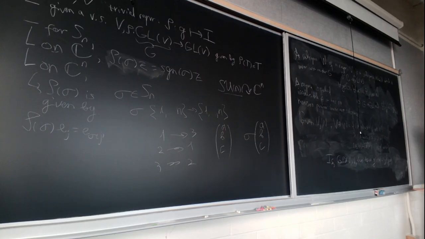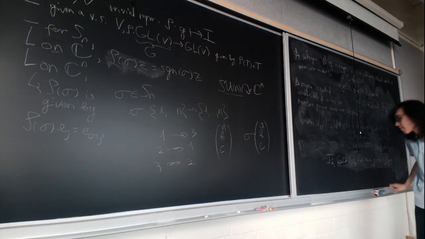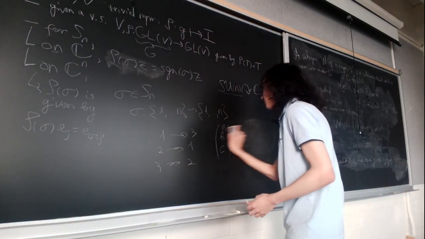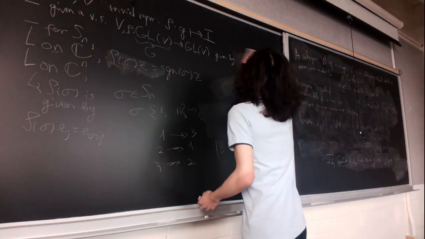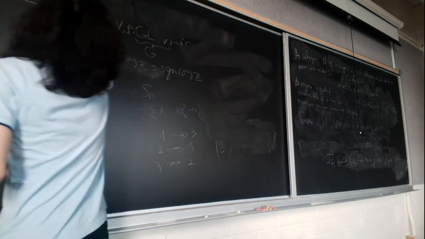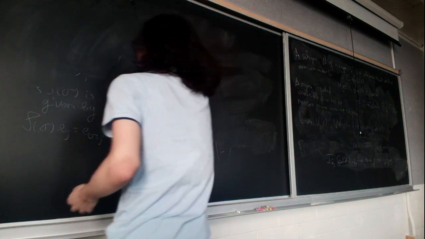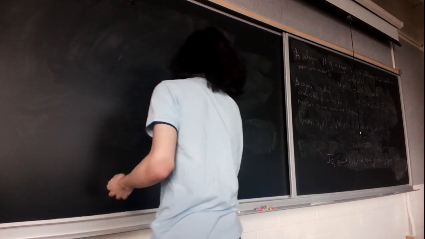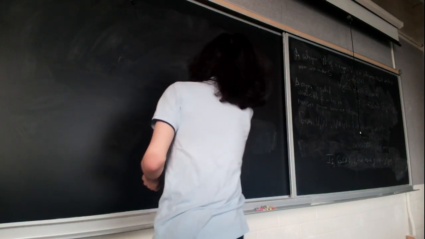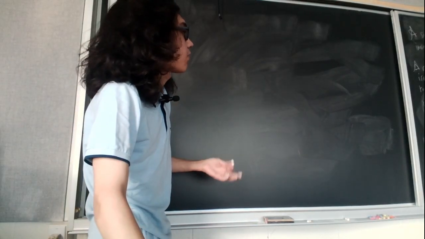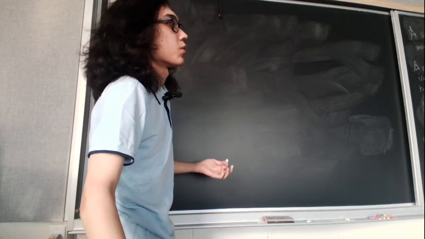Now, here's the idea. It would be nice to somehow classify the representations of a group on a given vector space.